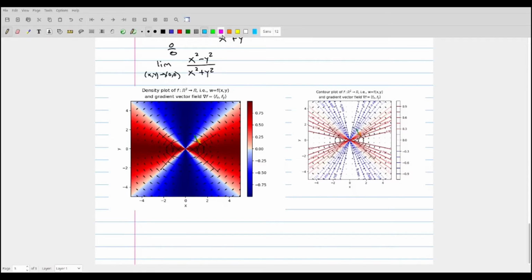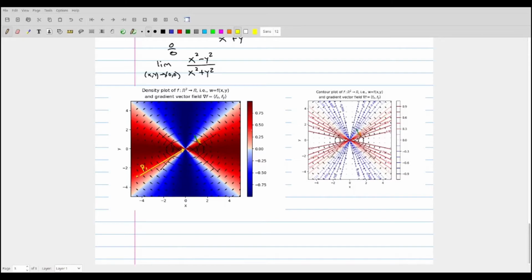So you see that no matter what path you choose to approach, say you approach along this line right here, call this path 1. Along this path 1 right here, the value of the function looks like it's around whatever this value is right here, that color.